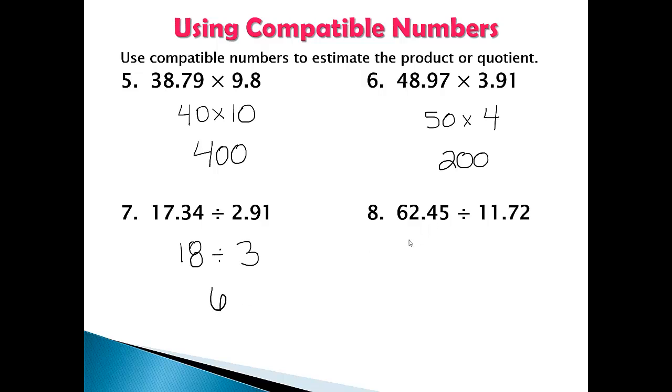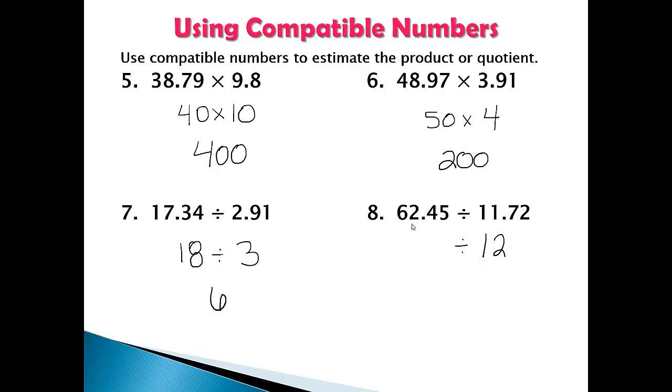And now for number 8, I have 62 and 45 hundredths divided by 11 and 72 hundredths. 11 and 72 hundredths is very close to 12. So we're going to see if that will help us. Now I need to see if there's something close to 62 and 45 hundredths that can be divided by 12. 62 is close, but it cannot be divided by 12.